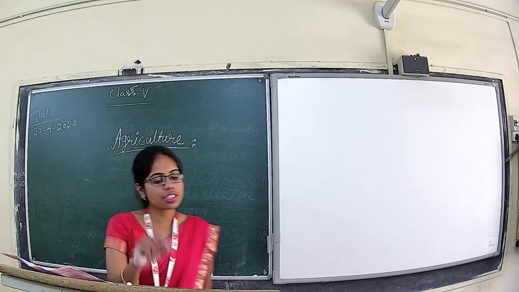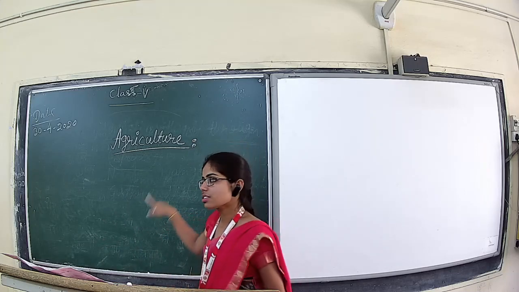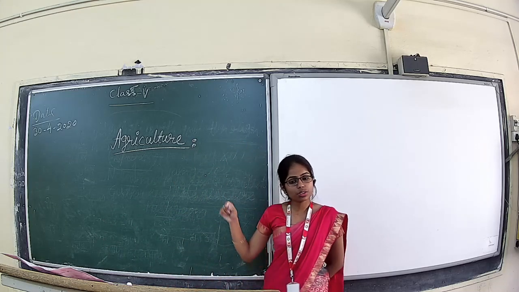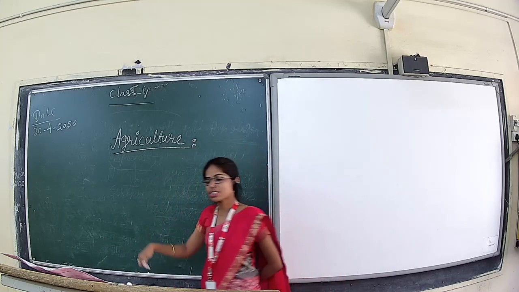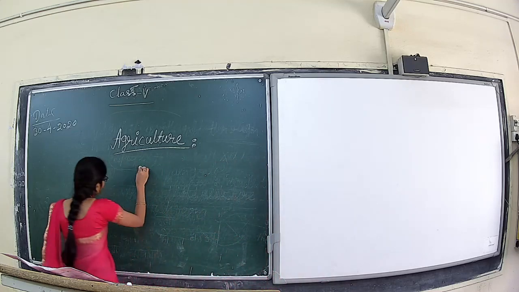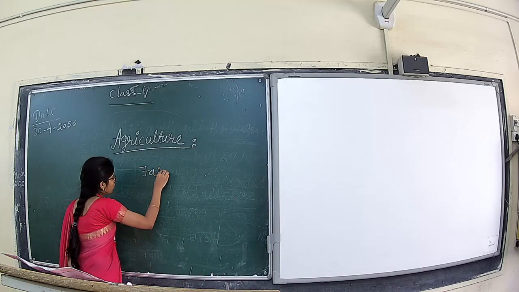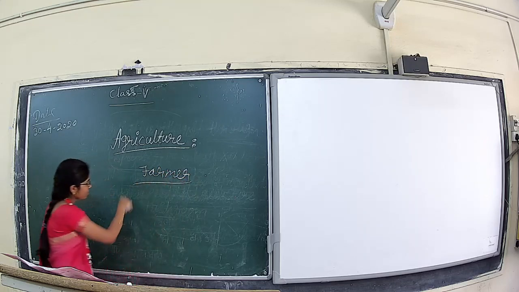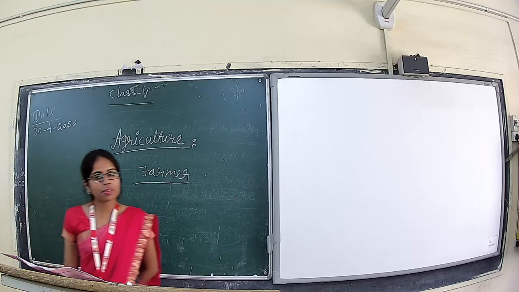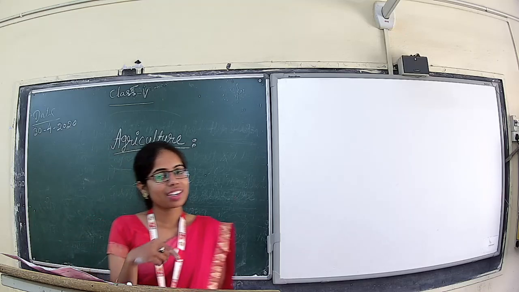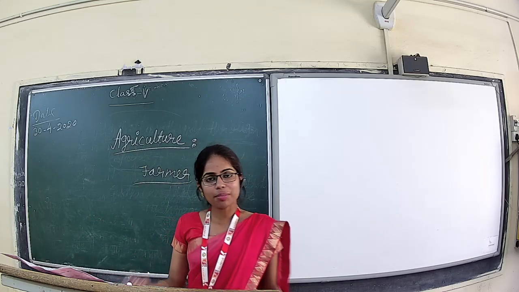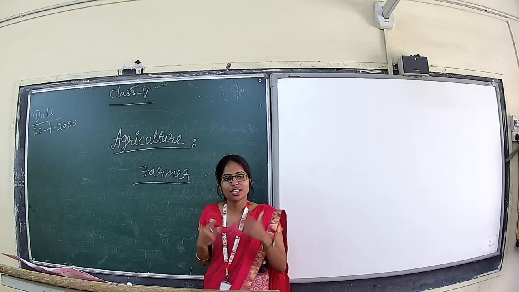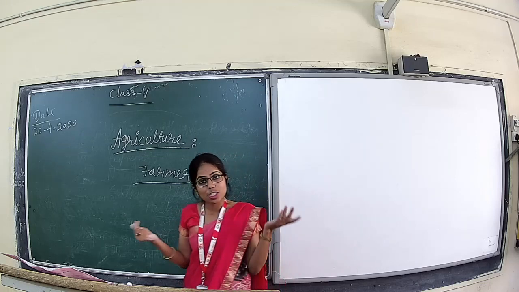The person who does this business, who does agriculture, is known as the farmer. What is the name of the person who does agriculture? Farmer. Name means the designation we give, no? I am teaching, I am a teacher. You are studying, you are students.